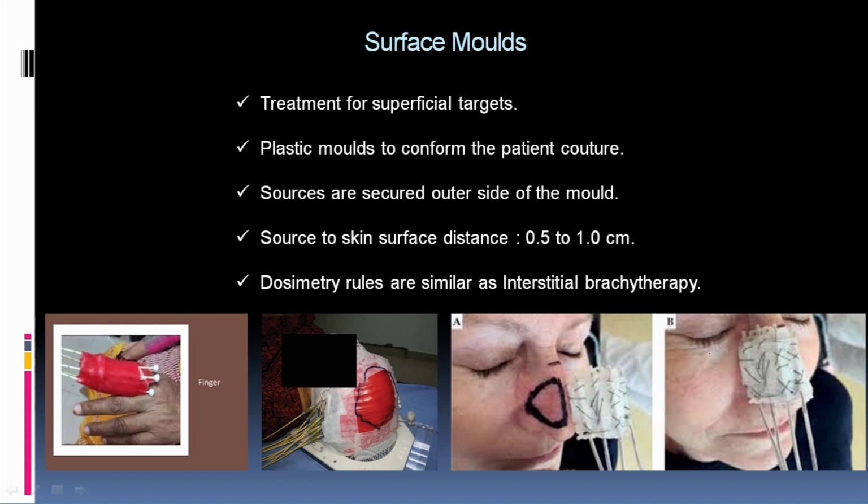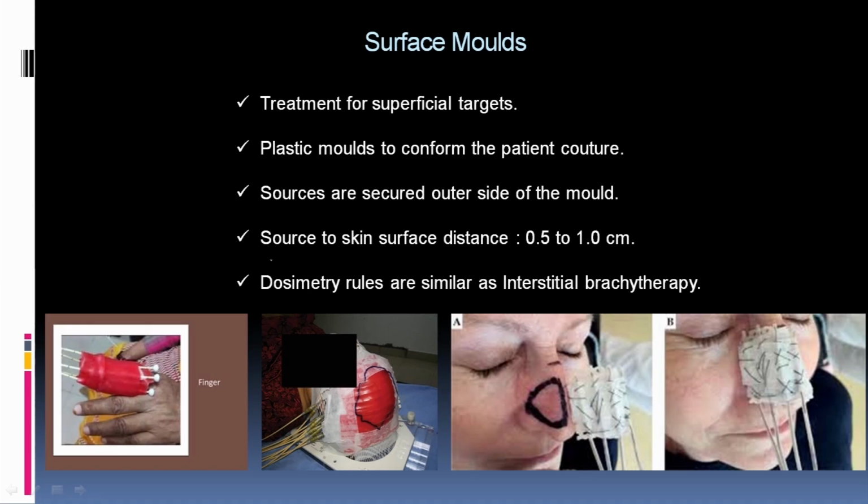Now, surface mold is a different kind of brachytherapy application. Surface molds are applied for treatment of superficial targets, and we prepare a plastic mold to conform to the patient contour, and sources are secured on the outer side of this mold.